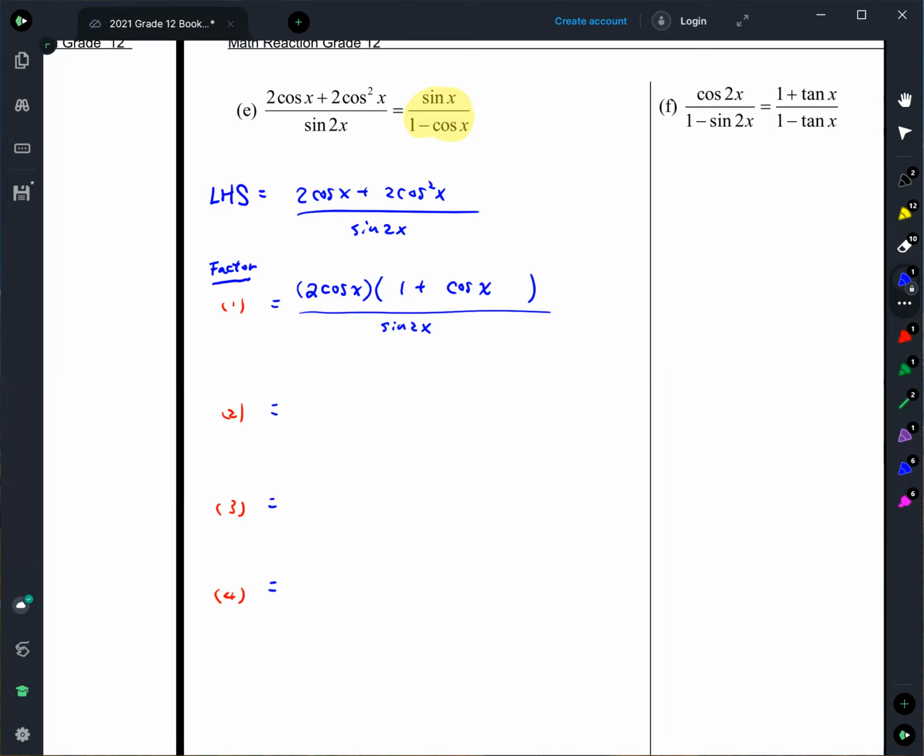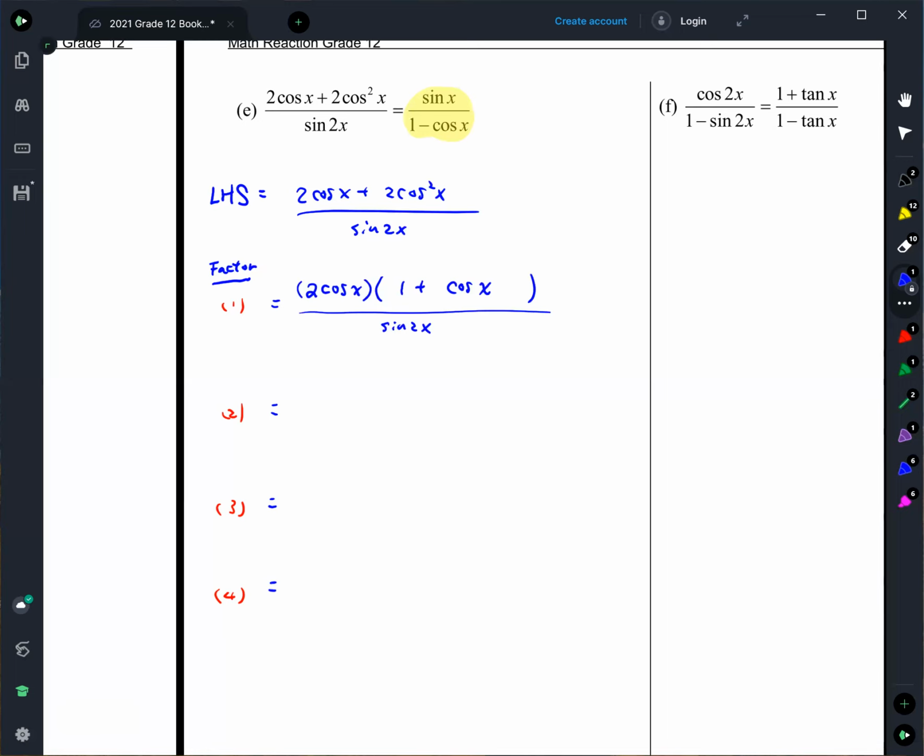Check your list, and if you don't have it in your head, have your quiz beside you. Daniel: the denominator is a double angle, sine double, so it's 2 sine x cosine x.